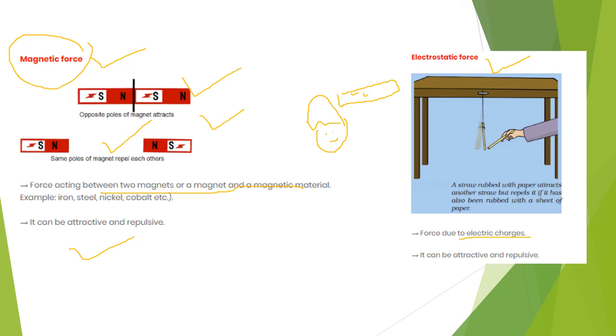If he rubs it in his hair and then applies the scale over pieces of paper, what happens, after some time you will see the paper will come and stick over there. Why? Because there are some charges. Can you see, there are some charges in the scale, that is why the paper is being attracted to the scale. So such kinds of forces are called electrostatic forces.